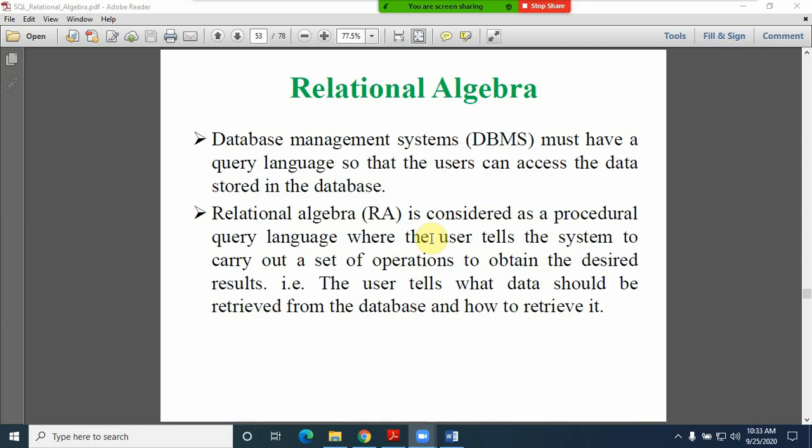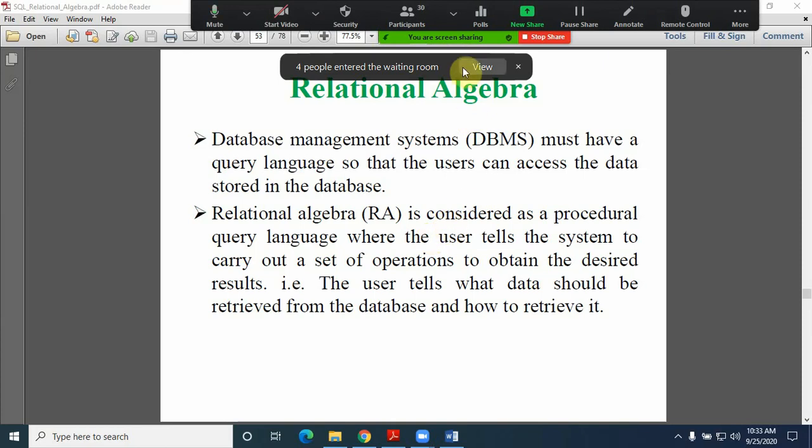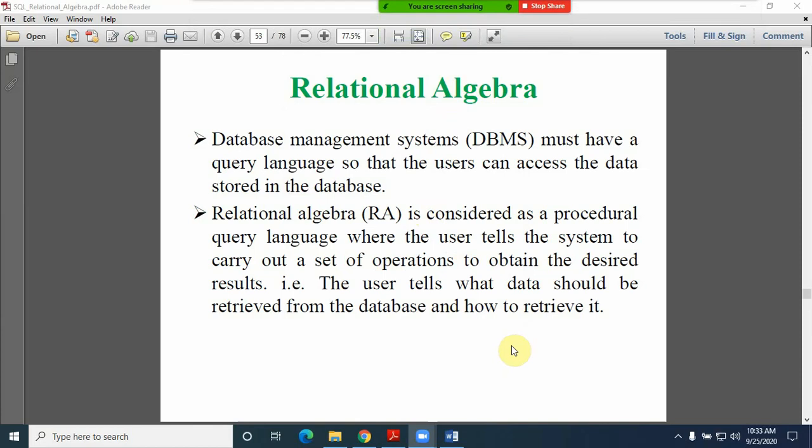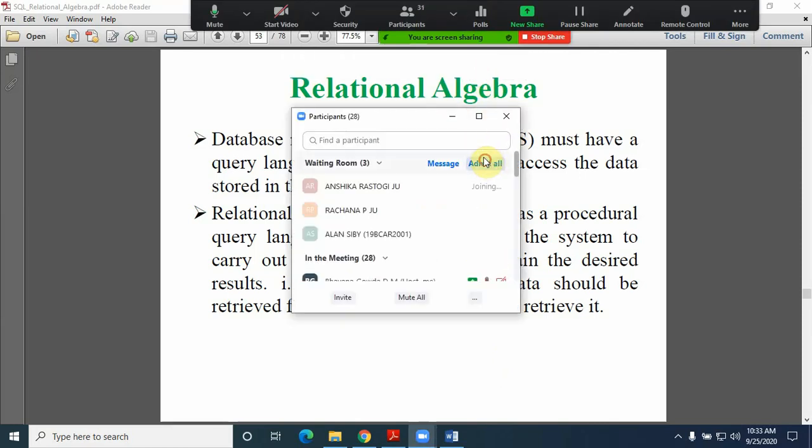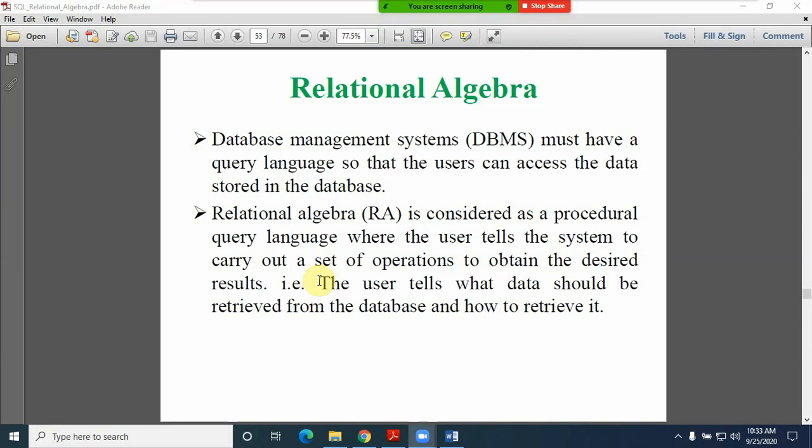Relational algebra is considered a procedural language where the user tells the system to carry out a set of operations to obtain the desired results. All our expectation is to get some results, and in relational algebra the user tells what data should be retrieved from the database and how to retrieve it. In SQL, friends, we only mention what exactly your requirement is.